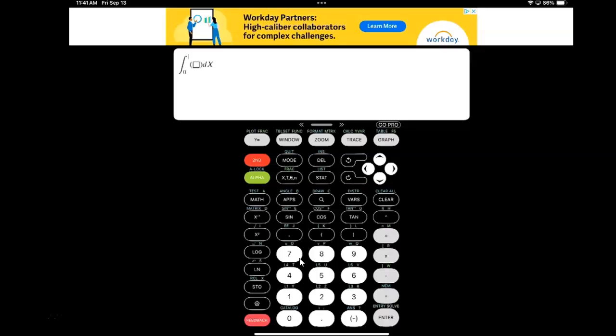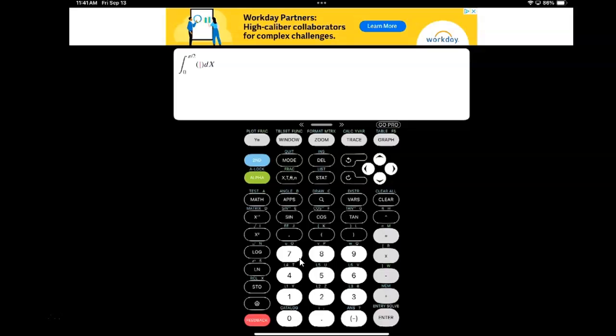Where is pi on this calculator? Oh my goodness, I should have looked this up beforehand. I'm thinking it's here. Yeah, there's pi. Shift exponent on this calculator. Over 2. And then we're going to do the square root.